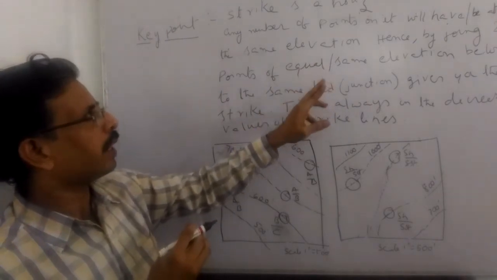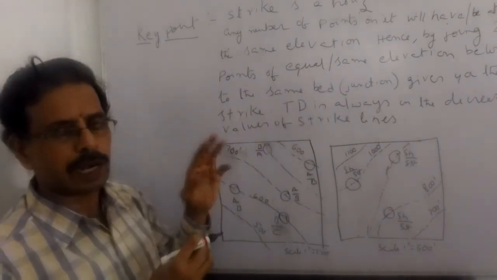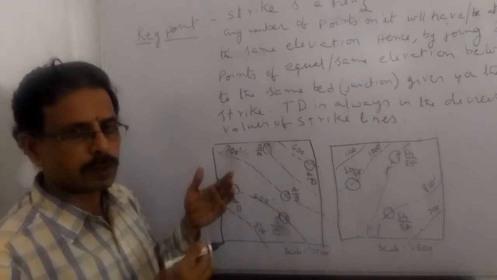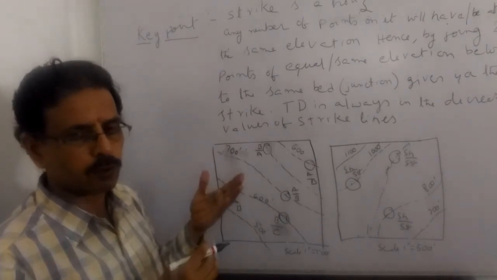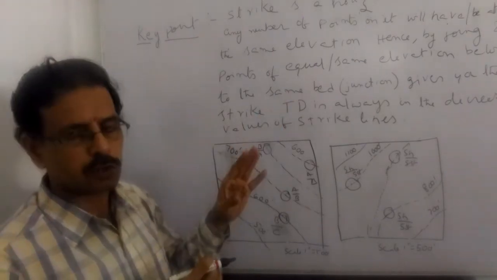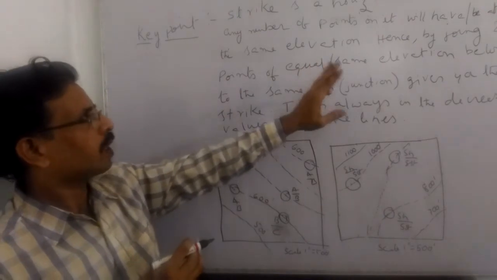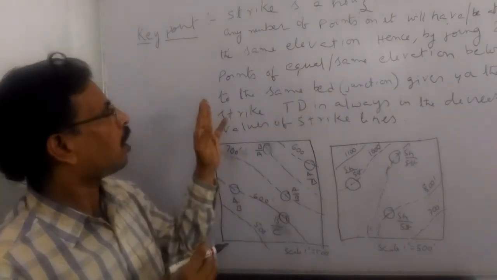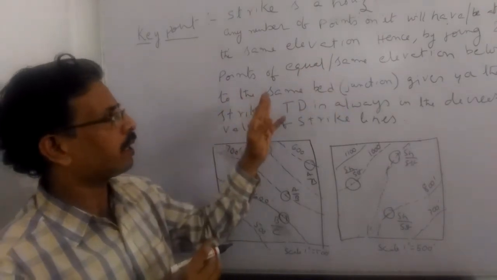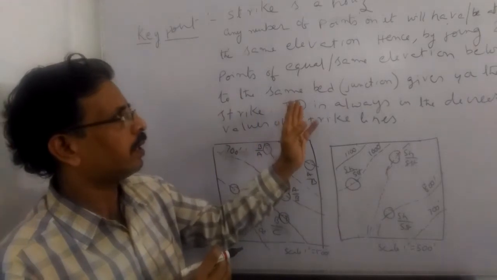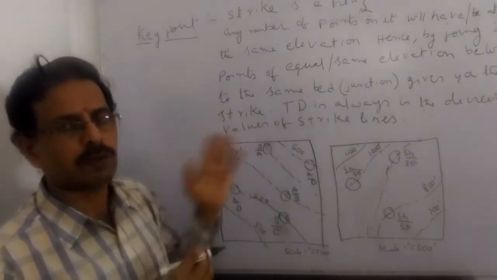Hence, by joining two points of the same elevation, you get the strike of the bed. If you have more than two points, you can join three, four or five, but at least two points are needed.